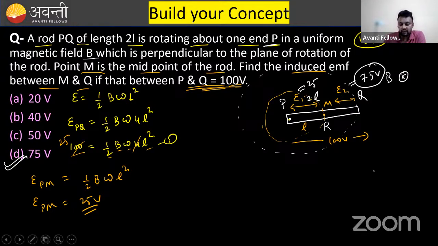On a similar note, I am moving towards another question. Or okay, before moving towards another question, I will just ask you a few questions about motional EMF. I hope you will give the answer.